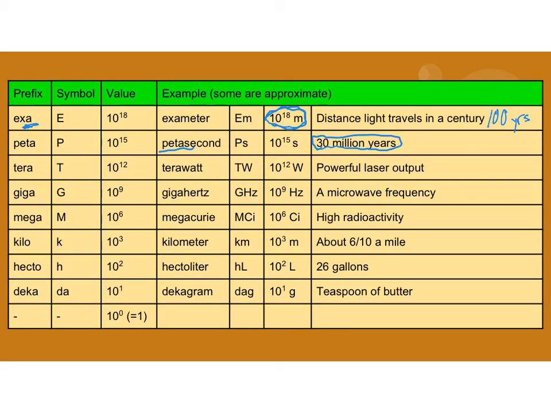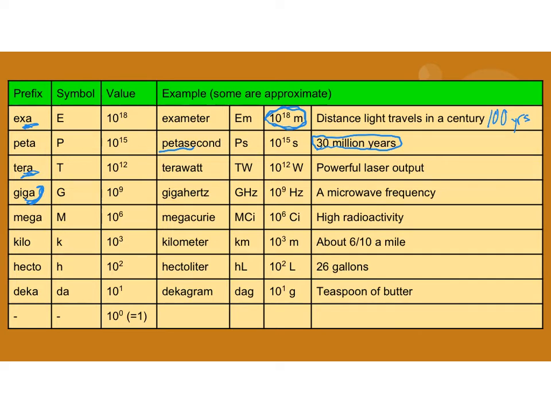A terawatt, that is 10 to the 12. Tera is our prefix for units of 10 to the 12 order of magnitude. That is a very powerful laser output. Gigahertz. We often hear about gigahertz expressed as the speed of computers.